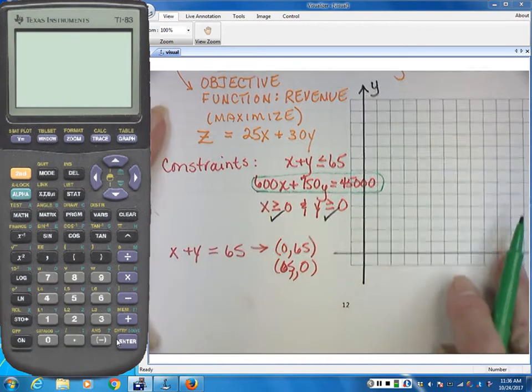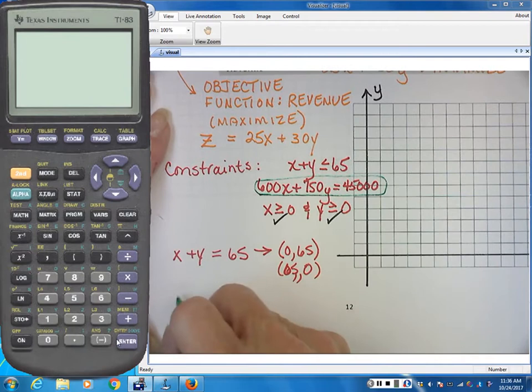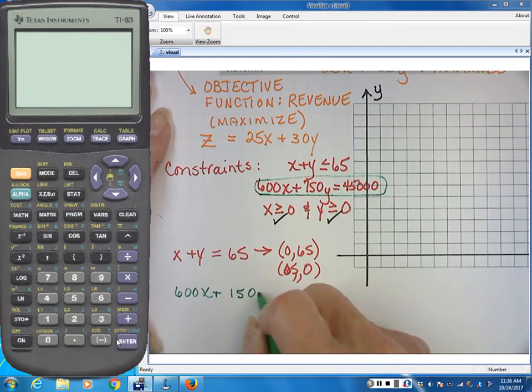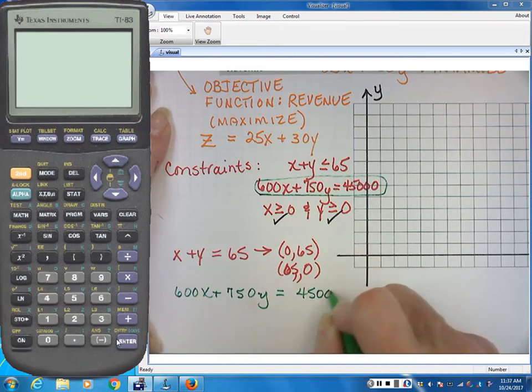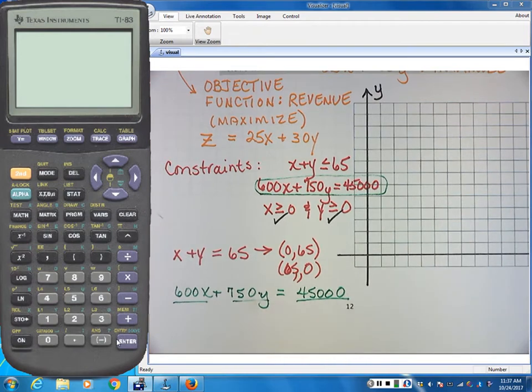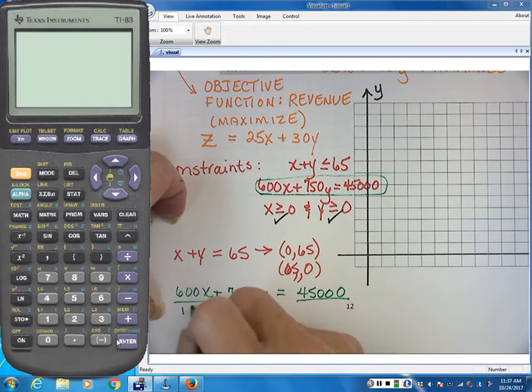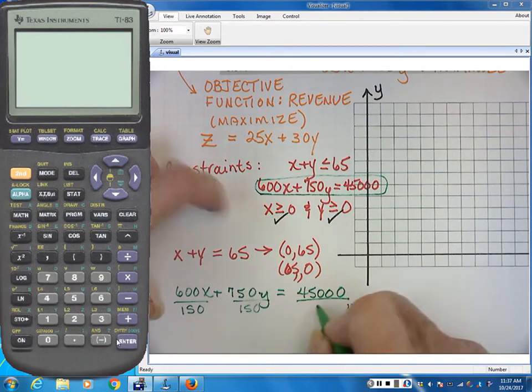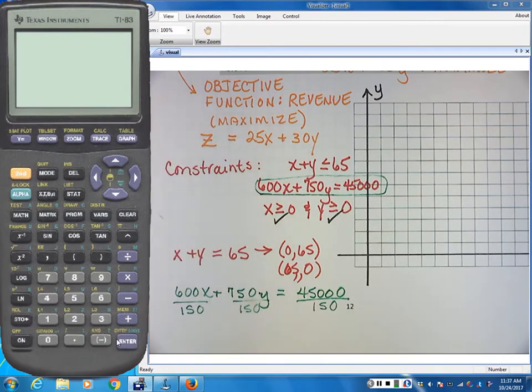So I want to take this boundary and divide every single thing in that whole equation by 150, because if I modify it that way, I haven't changed any of the solutions to it. If I divide both sides, I haven't changed anything. But I'll have smaller numbers to deal with when I graph it. So I'm going to put all of these over 150. You don't absolutely have to do this, it just makes it easier to graph.